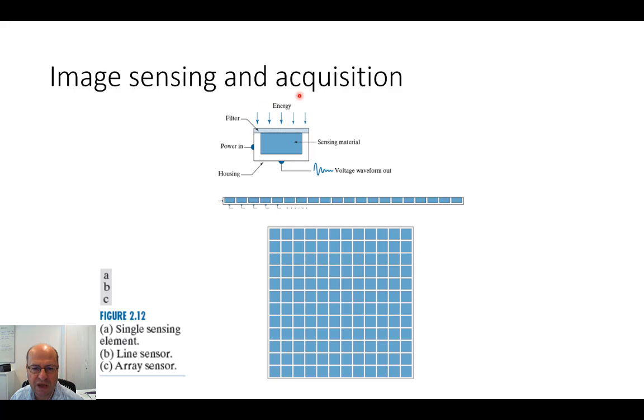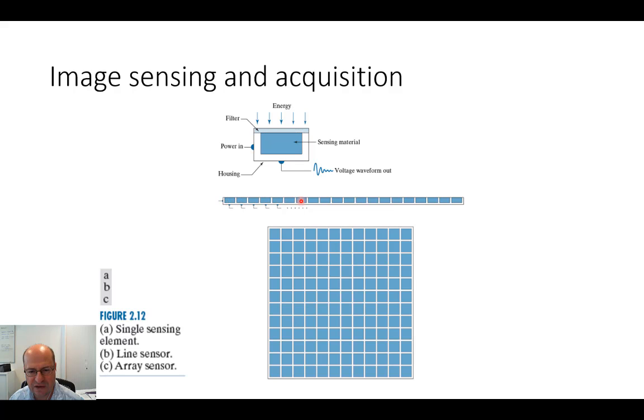So there's some energy coming, depending on what sensing device you have. You have some sort of filter, and this is the sensing material that's sensitive to the incoming energy, and the output is a voltage waveform. So imagine that this is a single sensing device that's capturing a small portion of this energy.